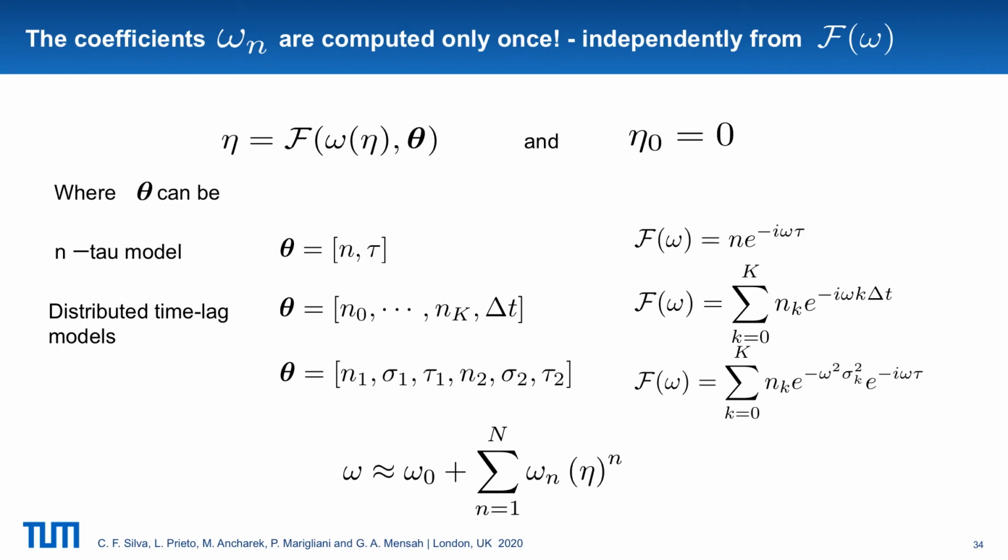Something that is important to highlight is that the coefficients omega n are computed completely independently from the flame response. So you can compute them once, and then you can evaluate this flame response, then you can evaluate another flame response, and the coefficients omega n remain the same.